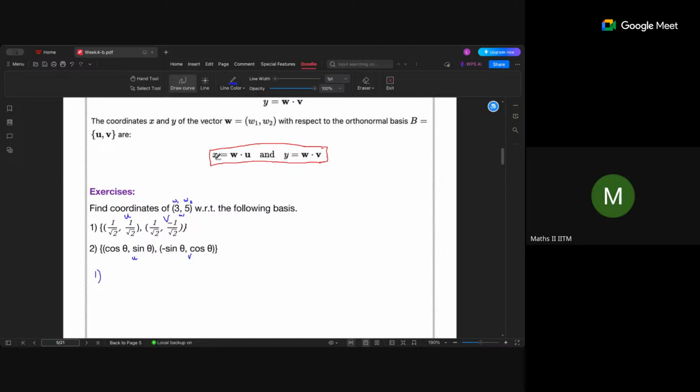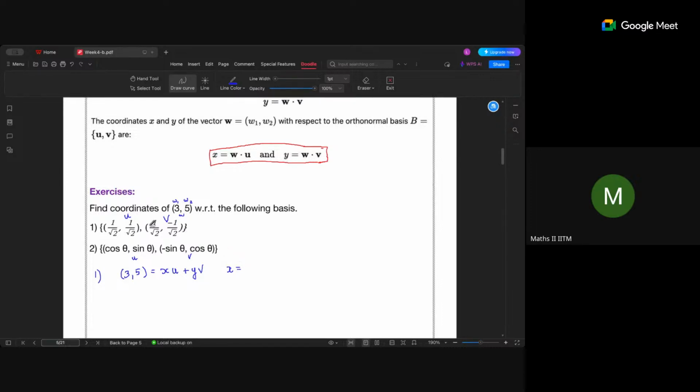You know already, I have just the formula written here. So the coordinates of 3 comma 5 I want. First of all, I write 3 comma 5 as x times u plus y times v, where u is this and v is this. Okay. Now, what is the next step? What is x then?